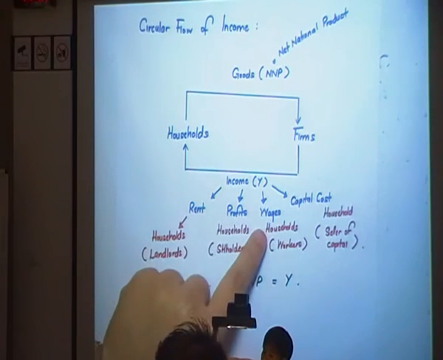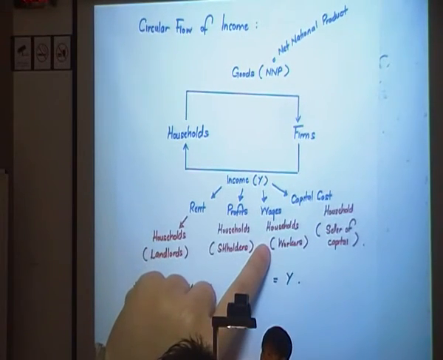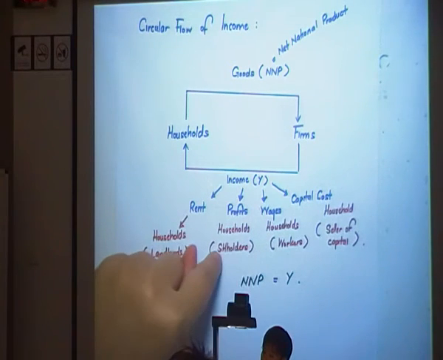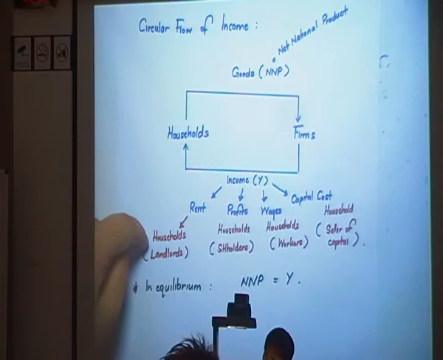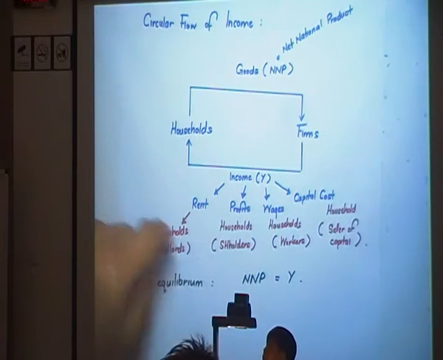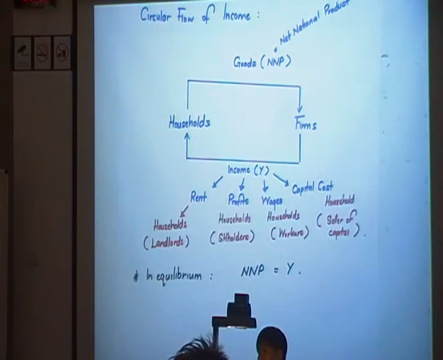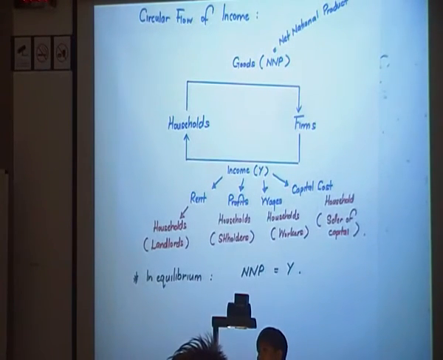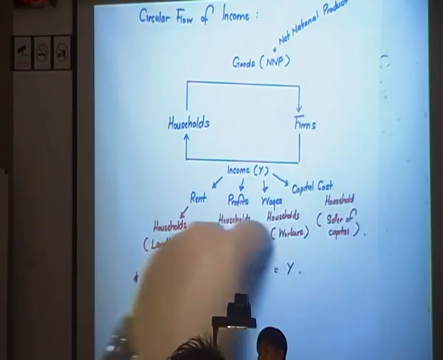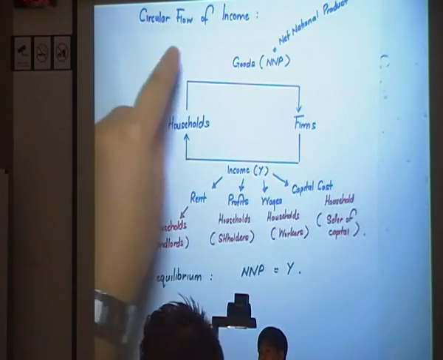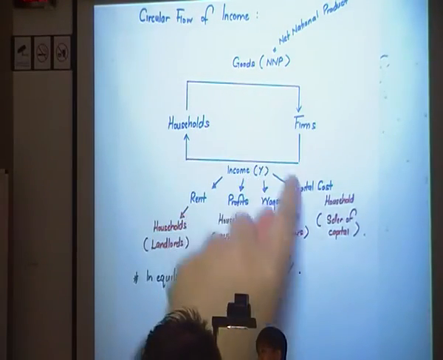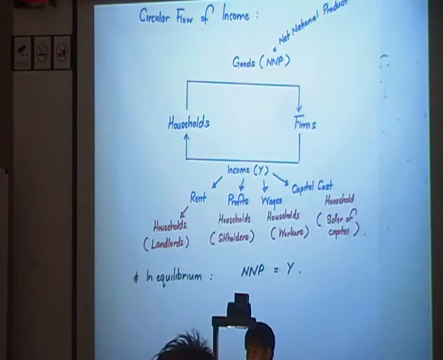And they will pay you wages if you're working for the firms. And they will pay you a profit if the household are shareholders of the firms. And they'll pay the rental to the household, as the household is now the landlord from the firms' viewpoint. So you notice, these people will once again take this money and transfer it back to the firms, buying the output from them.